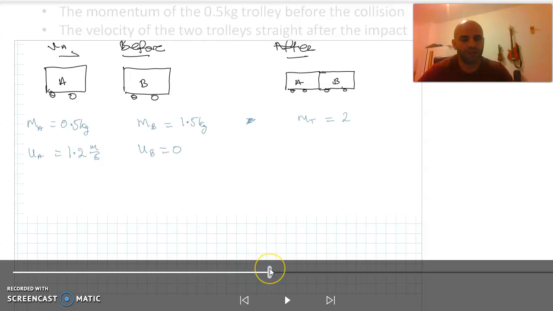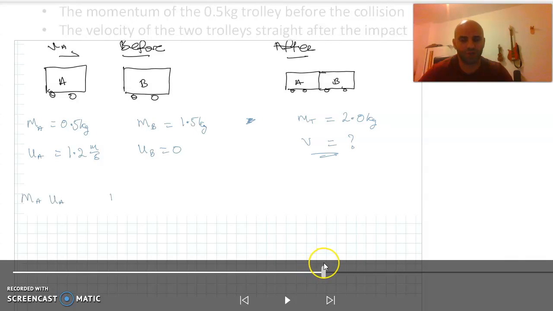Then I've got the total mass, which is just the sum of the other two masses. So A is 0.5, B is 1.5, so the total mass of A and B is just going to be 2 kilograms. And what we're looking for is that common velocity, or the velocity of the two-car system, whatever you want to call it.